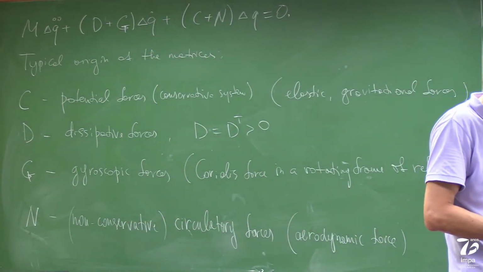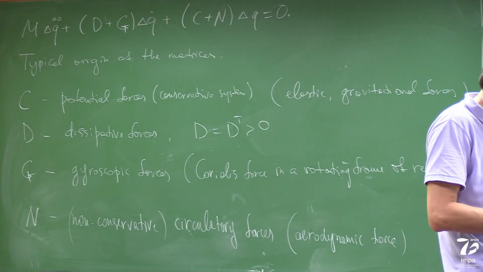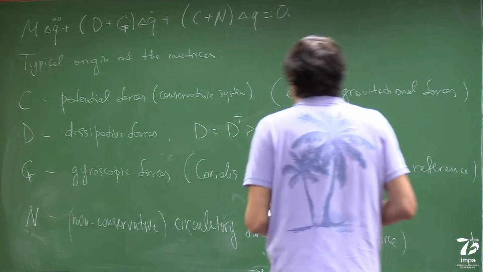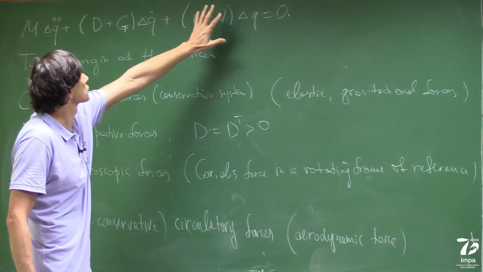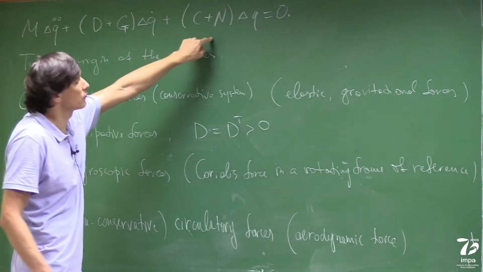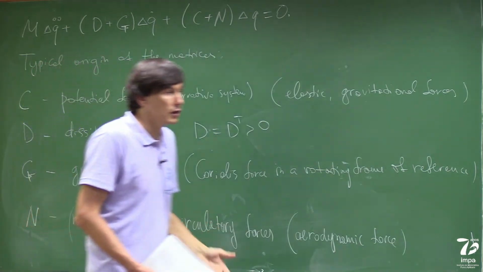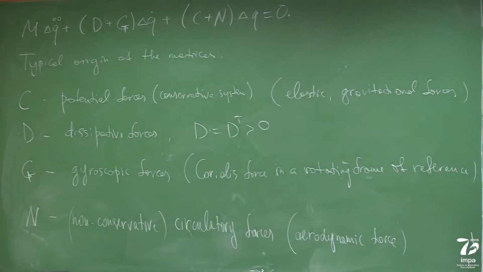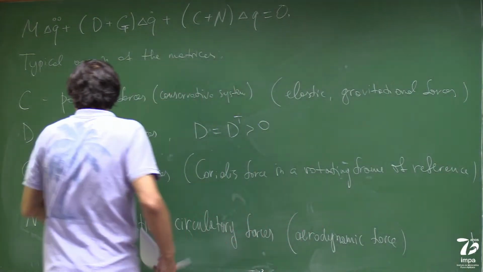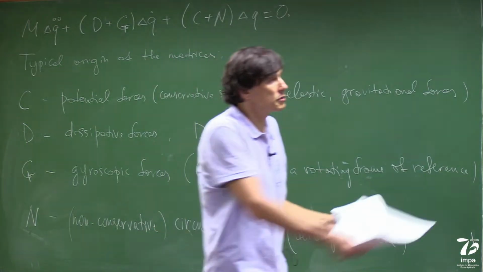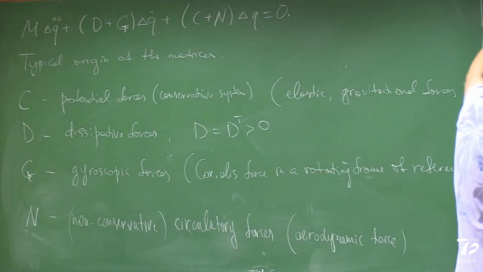Okay, so now we will have different examples. I will give different examples, starting from the simplest case, which is conservative, and then adding different types of forces, and we will see what happens. We will see what interesting phenomena you get depending on different forces, depending on different matrices, using the general theory which we just developed.